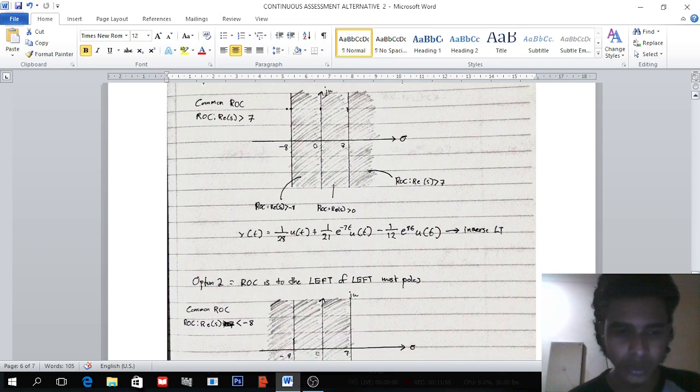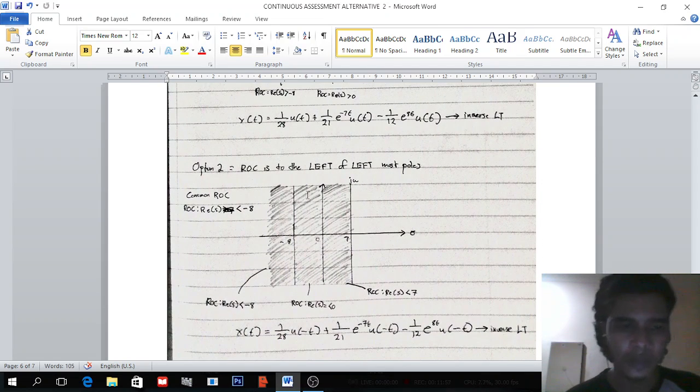Okay, as for option 2, the ROC is to the left of the leftmost pole, and it is a common ROC with real part less than negative 8, because just now it was right sided, now it's on the left. So it would be ROC real part negative 8, ROC real part 0, ROC real part 7.